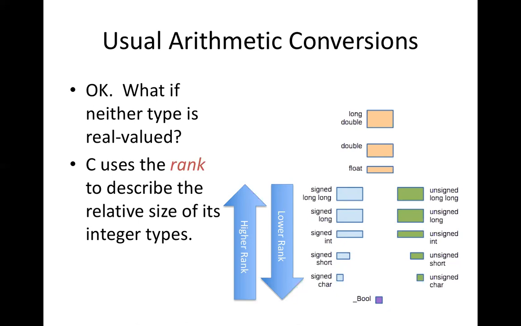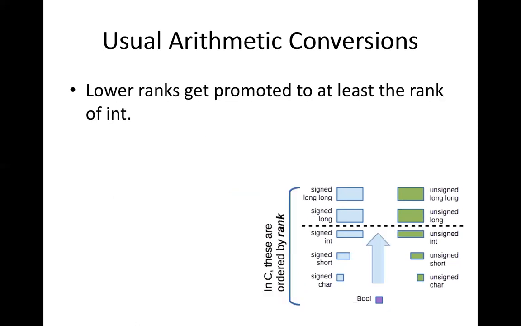It's just the word they use to talk about the size of an integer type. So larger integer types like signed long are higher rank than smaller ones like char. I've drawn these arrows to show how rank varies as you move between these integer types. And some of these rules talk about rank. I kind of already said this one. This is just officially where I'm supposed to talk about it.